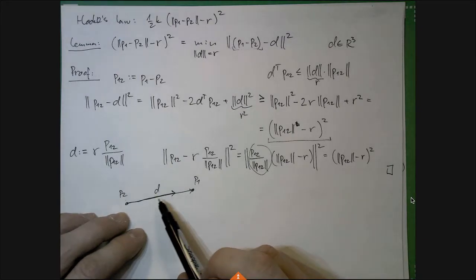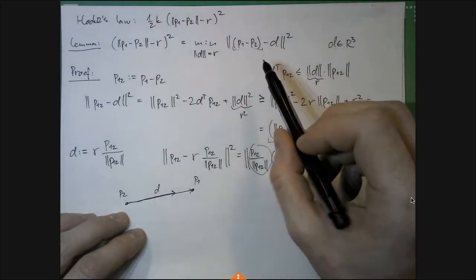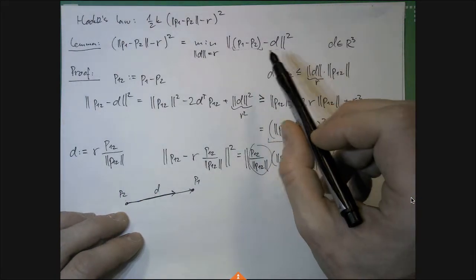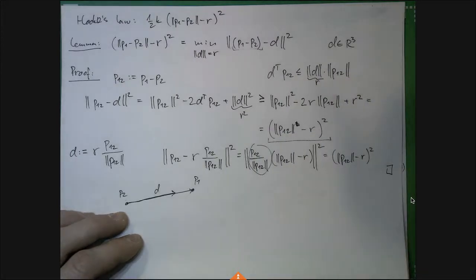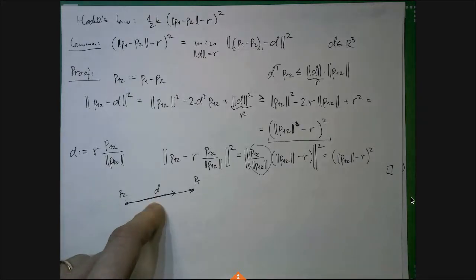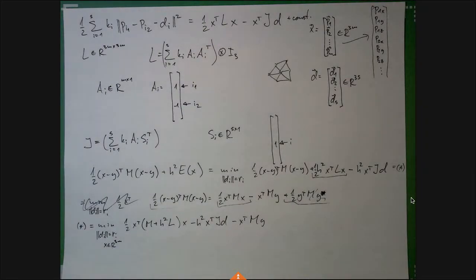These d's we have introduced here are essentially auxiliary variables we have added to the optimization problem. So we reformulated the optimization problem by introducing these auxiliary variables d. The variables d, they are auxiliary because we don't really care about them. What we care about is the x, okay? But the d's change the nature of the problem in such a way that we can apply a different solver to it. Now the problem is still equivalent, right?